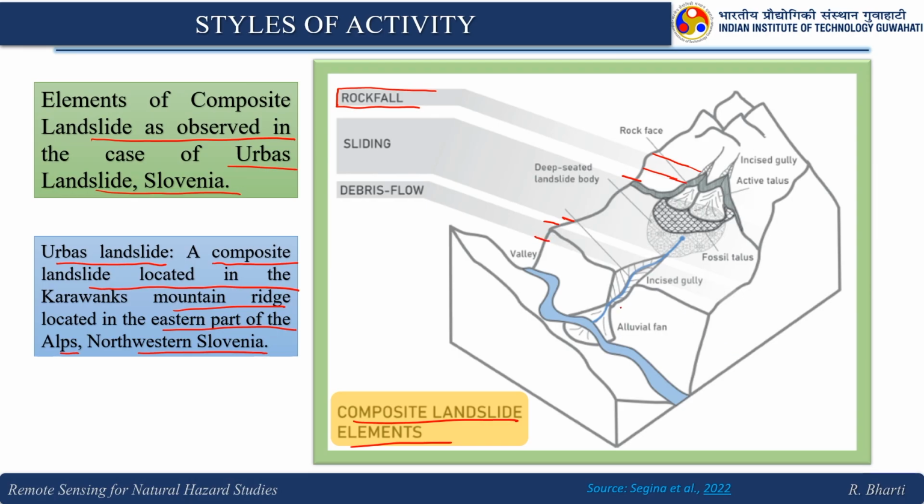And finally, it is meeting this particular fluvial system, right, and here you can see the different boundaries, right. So, this is the typical structure of a composite landslide and it is mainly from the Arba's landslide.